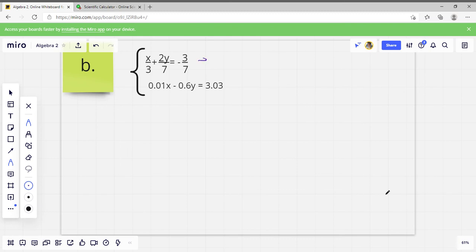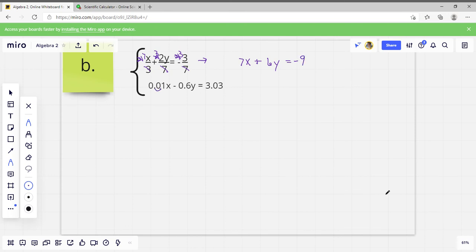First, I'm going to multiply the first equation by 3, so 3 times 7 is 21, which gives 21x plus 3 times 2 is 6y, and 3 times 3 is 9.